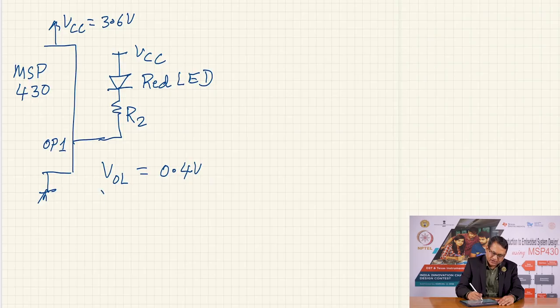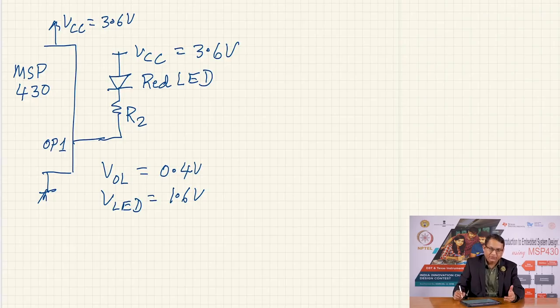We will still assume that VLED for this red LED is equal to 1.6 volts. My VCC is here 3.6 volts, and we want to estimate the value of R2 from the current that we desire through the LED. Let us say the current we want through the LED is also 5 milliampere.